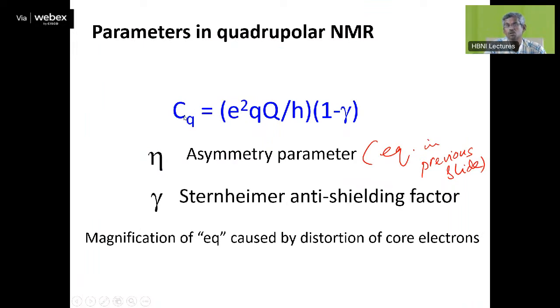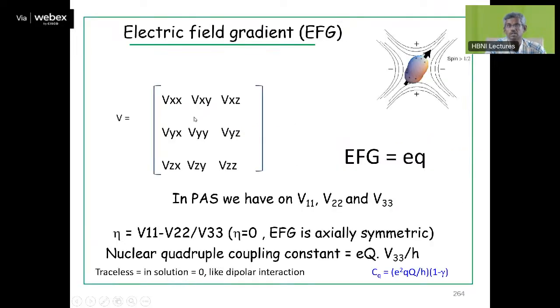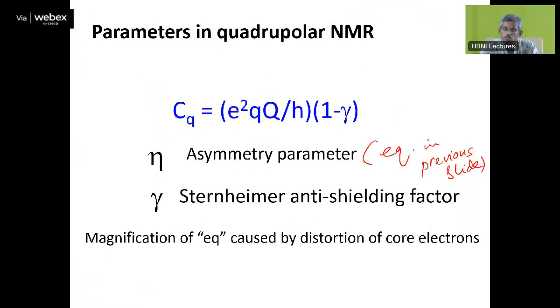So these are the parameters in quadrupole NMR. One is nothing but the quadrupole coupling constant, CQ. CQ is given by this expression.